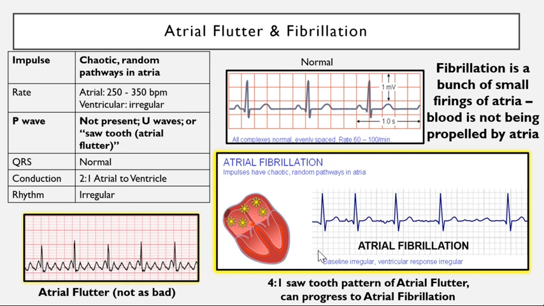So the first really weird one that's not just your average one is atrial flutter and atrial fibrillation. What's going on here is you have a whole bunch of random firings along the entire atrium that do not originate from the SA node.